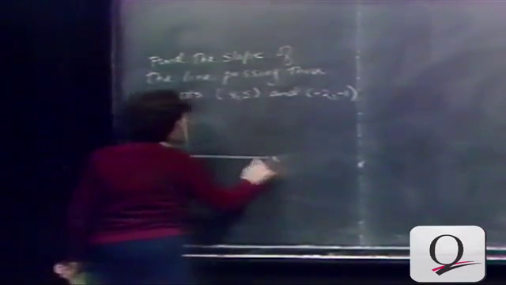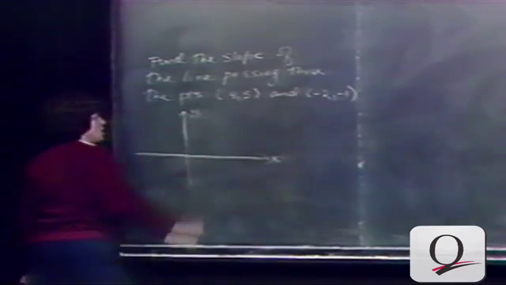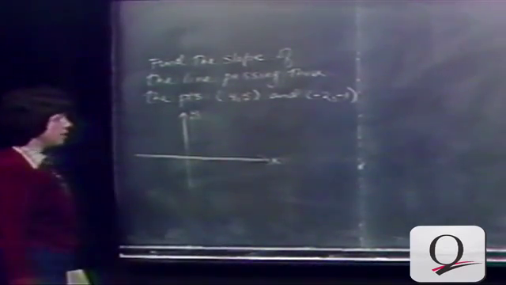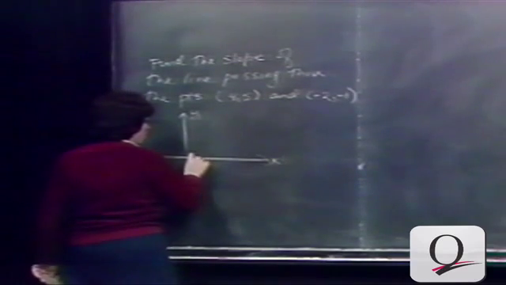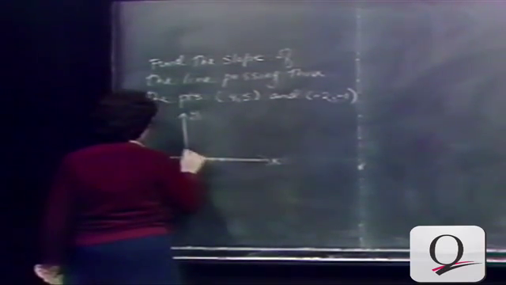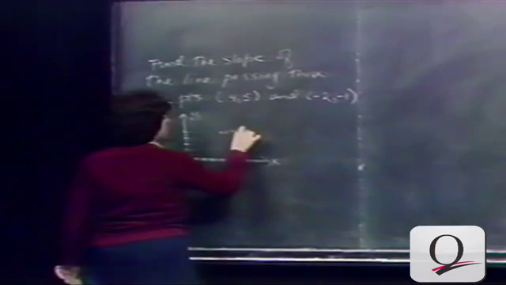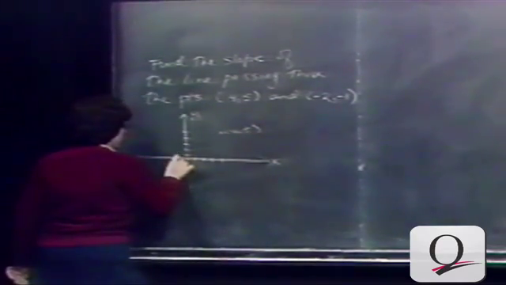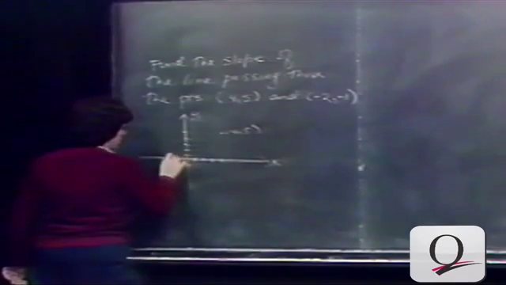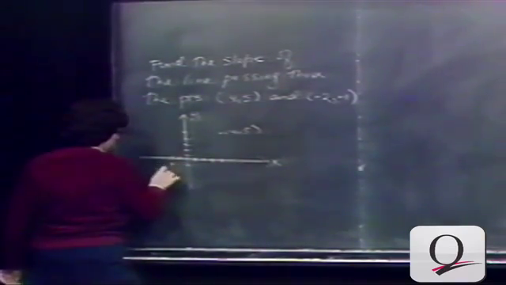Although you are not required to sketch the line here, it's not a bad idea to always make a picture, see what's going on. Here's the point 4, 5, and minus 2, minus 1.